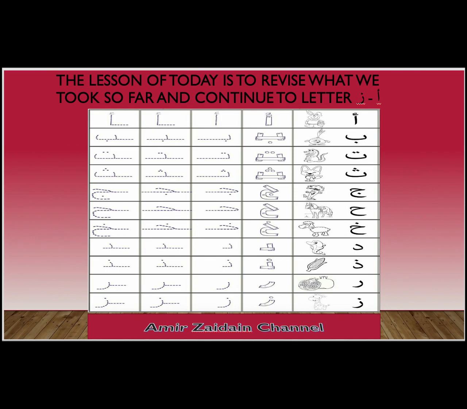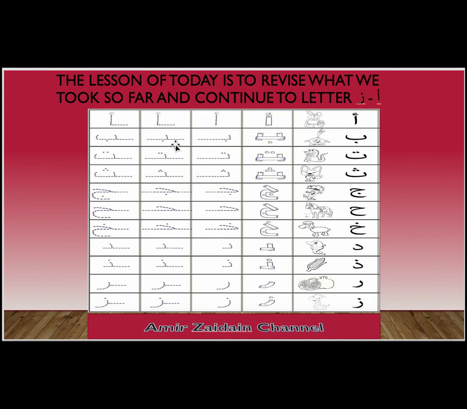If you want, I can give you the names in Arabic of the characters. So Arnab, rabbit. B, basal, onion. As you see, you can see the B in here. You can write it just like that, and you put a dot under it.